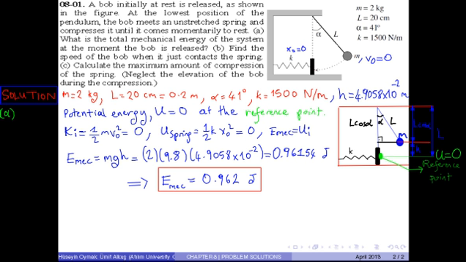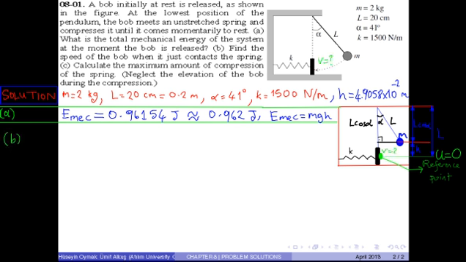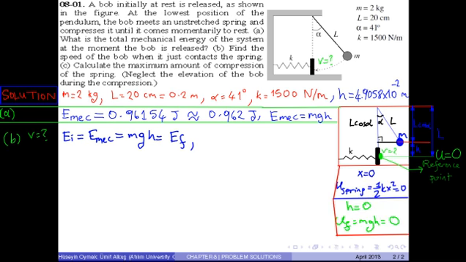Okay, let's solve part B. When the bob just contacts the spring, that is, at the reference point, the potential energy of the system is 0. The spring energy again is 0.